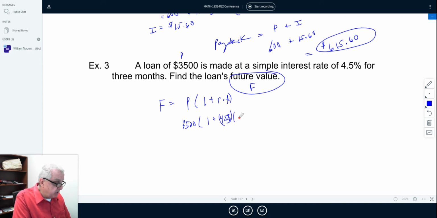And the number of years is 3 months out of 12. So you can't just put 3 down, it has to be in years. So 3 divided by 12, now I'm talking about 1/4 of a year. You have to change it, because 12 months equals 1 year.